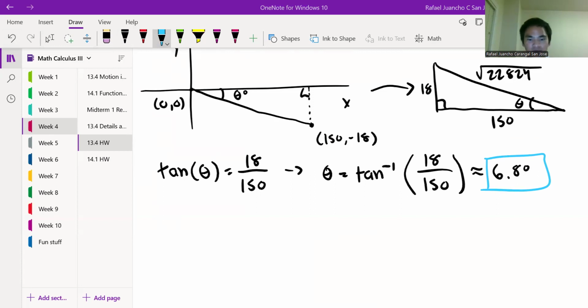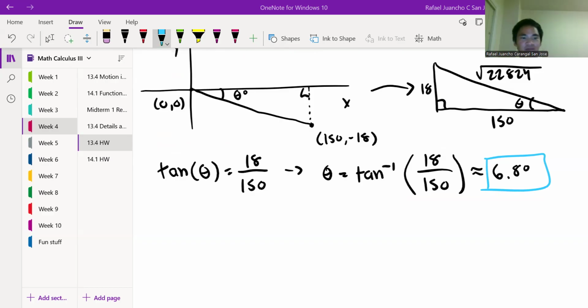Sounds really low, but okay, should be fine. I'm trying to look at his example. Okay, so you did get something similar.